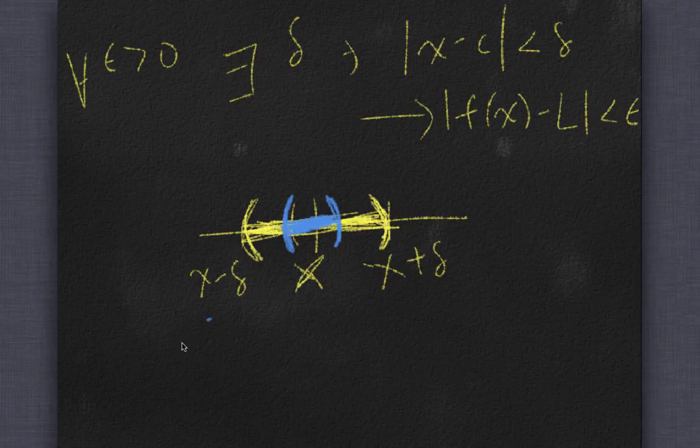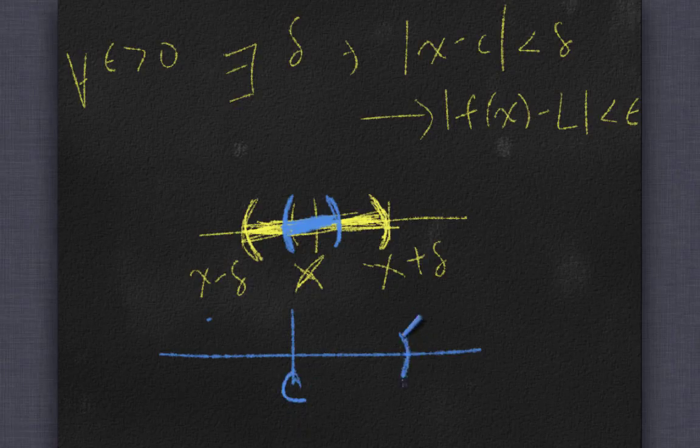When you're going along and you're trying to choose delta, here's your c, and you're saying, how far can I go? In one direction you end up over there, and in the other you end up over there. The reason you have to choose the smaller one is because you need to be able to go delta in either direction.